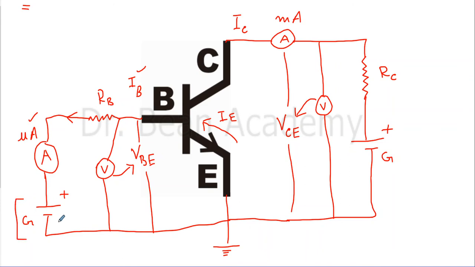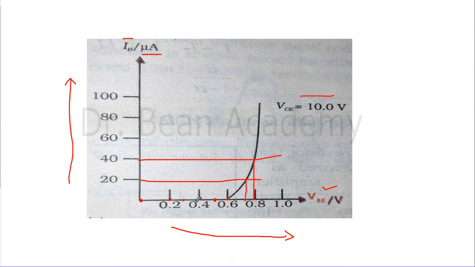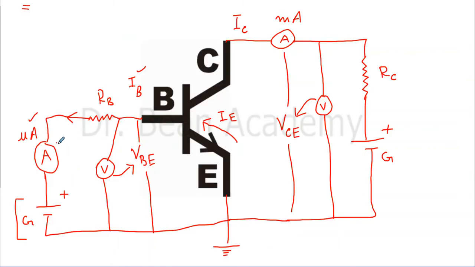First I will set the voltage between B and E to 0, and then I will increase to 0.1, maybe 0.2, 0.4, 0.5 and 0.6. Then of course at 0.6 you will see some current flowing through this ammeter, and this current is very small, in microamperes, and that is the input characteristic.